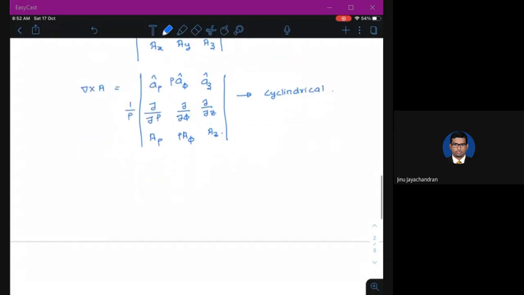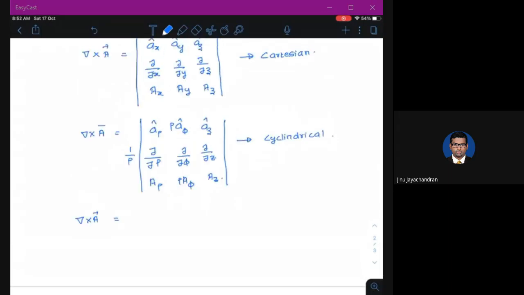Similarly, I can write for the spherical coordinate system del cross A. So this all should be vectors.